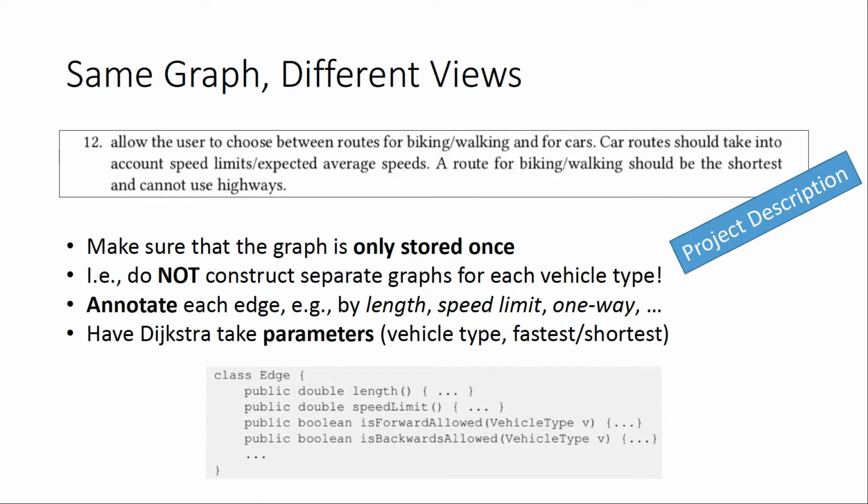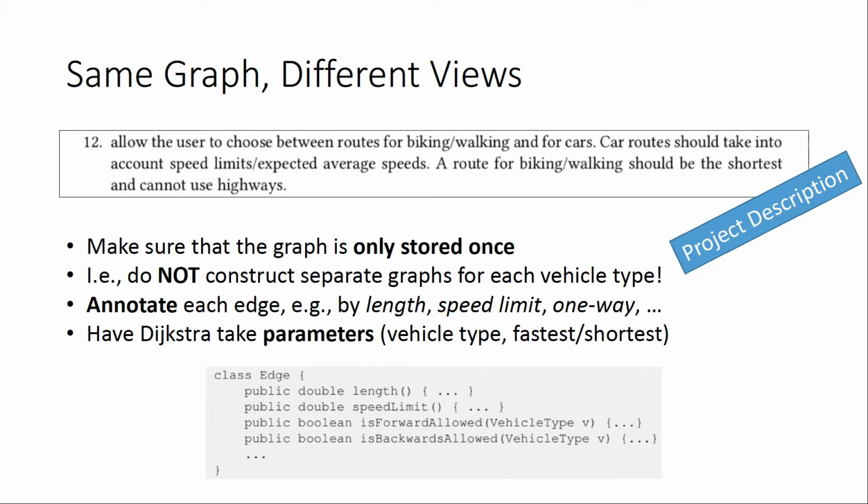Okay, then if you look at your project description, there is this bullet point 12 of the actual requirements, and that one says you should allow the user to choose between routes for biking and walking and for cars, and the car routes should take into account speed limits, they should take into account expected average speeds.